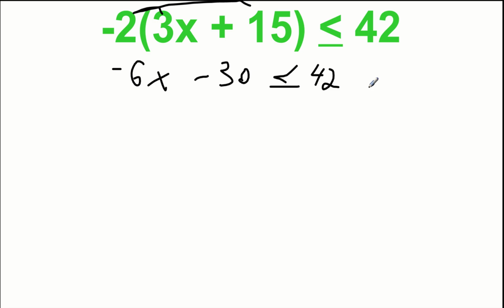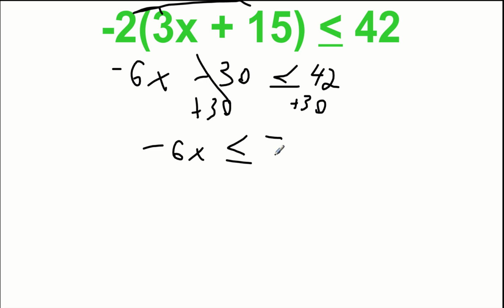We don't have variables on both sides, so we get rid of our addition or subtraction. Up.